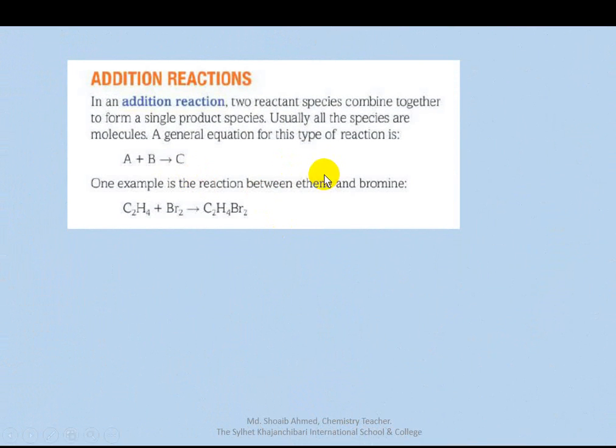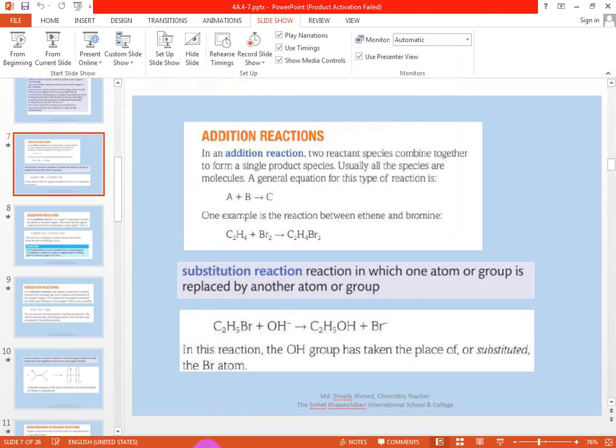Okay. An addition reaction is when species combine together to form a single product. Like here, two bromine atoms are added to form a single product. Okay, like this I showed this addition reaction.